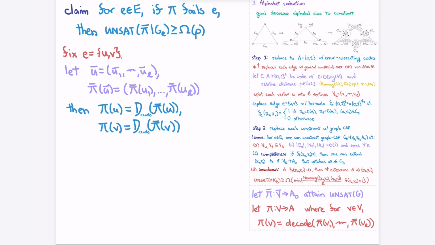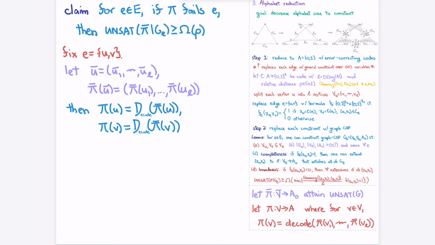So let's say that U bar is the individual bit vertices for U, and pi bar U bar is the corresponding bit string. Then pi U is coming from decoding these two strings.